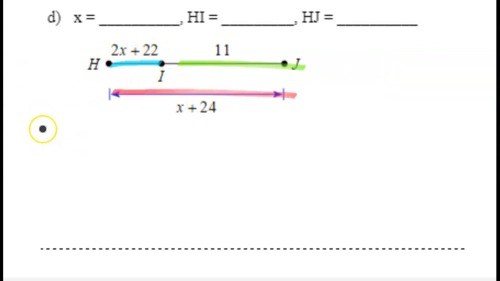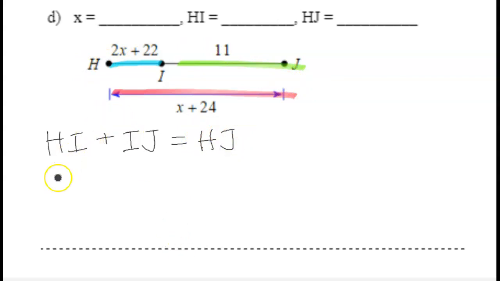So I have HI plus IJ equals HJ. Alright, let's replace with our expressions 2x plus 22, HI, plus IJ, which is 11, equals HJ, x plus 24.